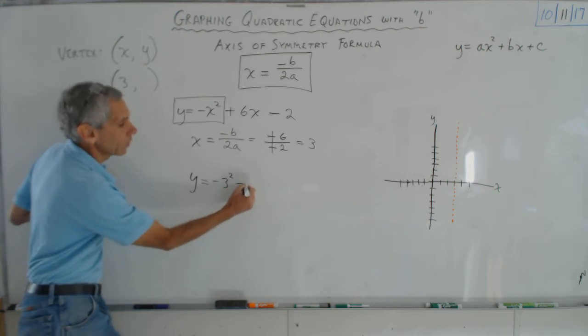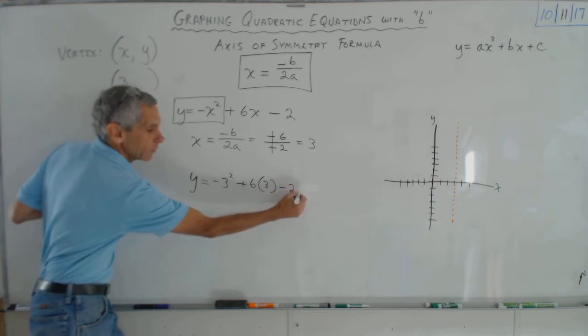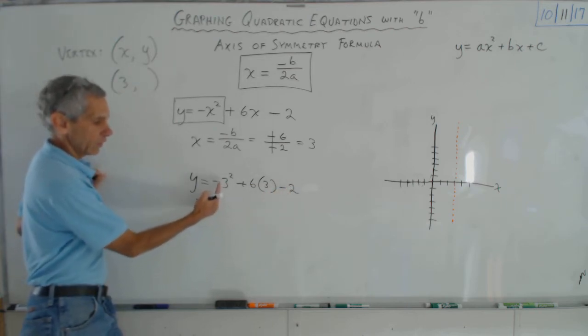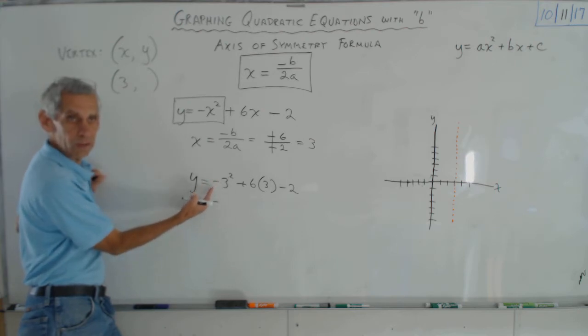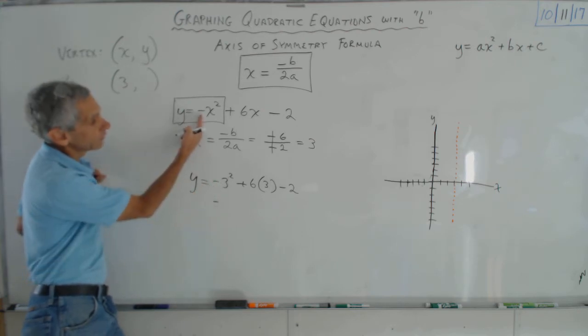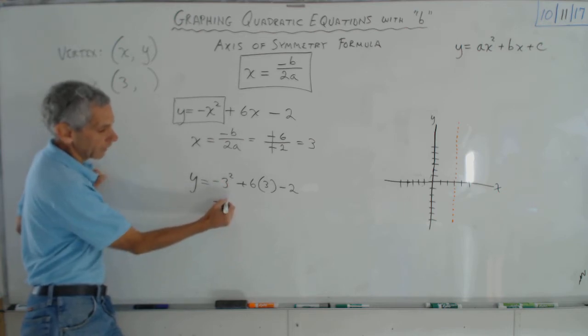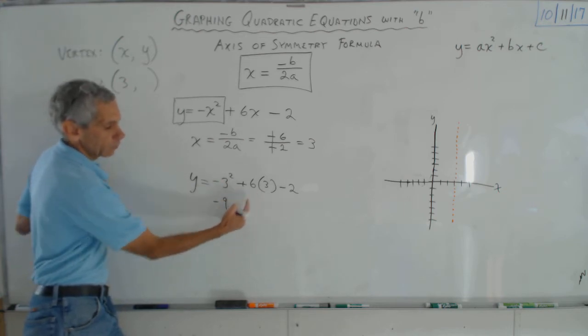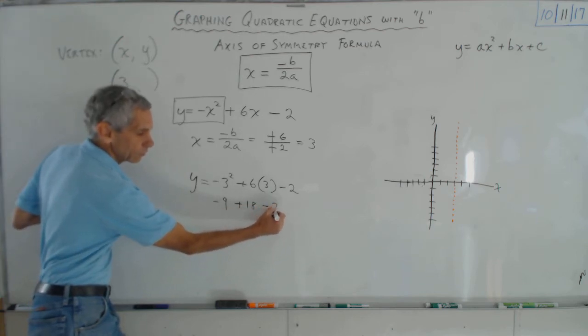Okay, and then plus 6 times 3 minus 2. I know this is going to be negative because the square does not affect the negative, because that's separate from the x, right? So 3 squared is 9, so it's negative 9 plus 18 minus 2.